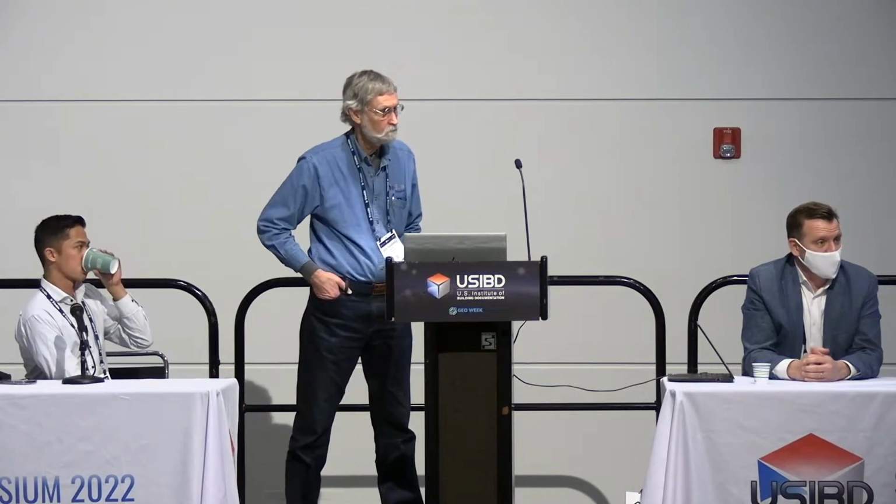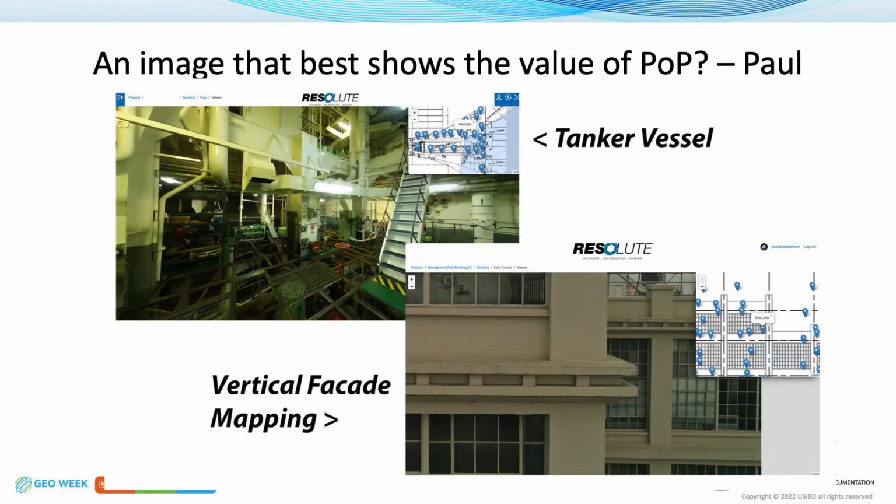So in our use cases, we scan and map very complex structures, construction sites and other places, building facades using drones. And on the lower right one, the vertical facade mapping, we collected over 20,000 images from Mavic 2 Pro drones.